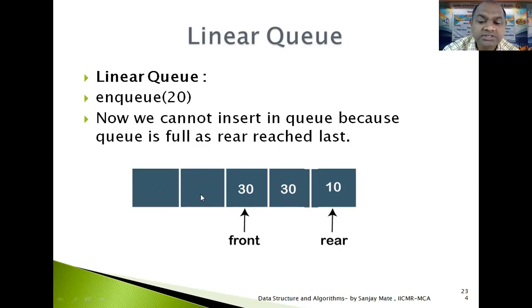So you cannot insert the element even though there is space in this queue. This is the drawback of the linear queue, because the rear cannot increase ahead, but there are still two free places. This drawback is removed using the circular queue.